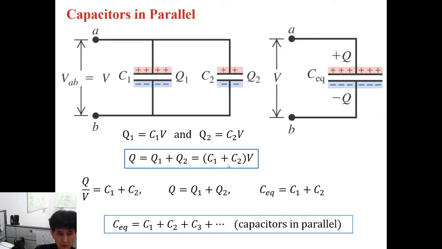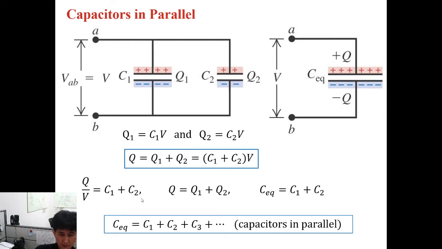That is C1 times V plus C2 times V. By the definition of C equivalent, it is Q over V. So Q divided by V is equal to C1 plus C2.